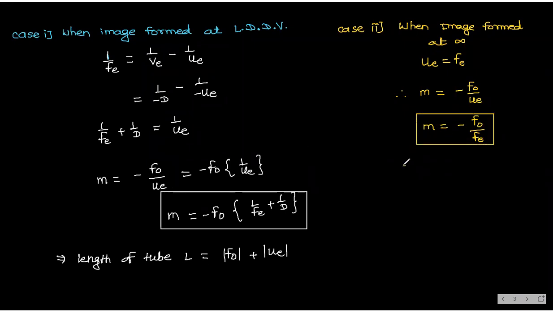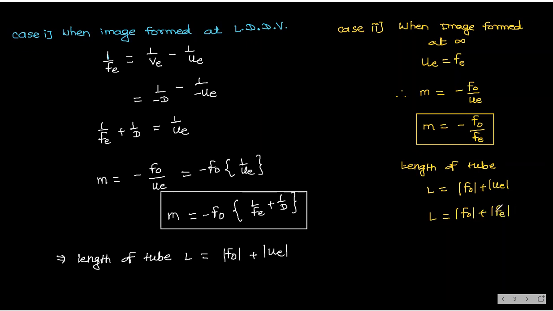And in this case also, the length of tube means the distance between the two lenses. So this is also the same, that is f naught plus ue. If you replace this ue with Fe, L is equal to F naught plus Fe.